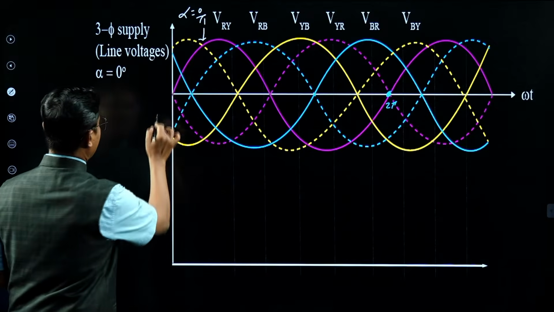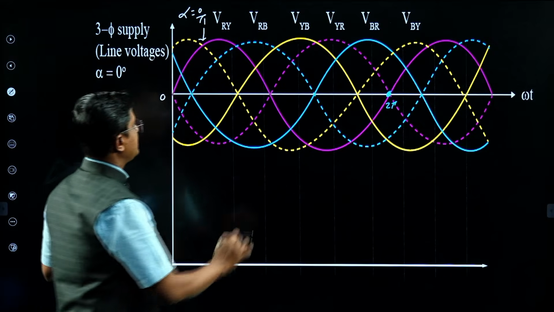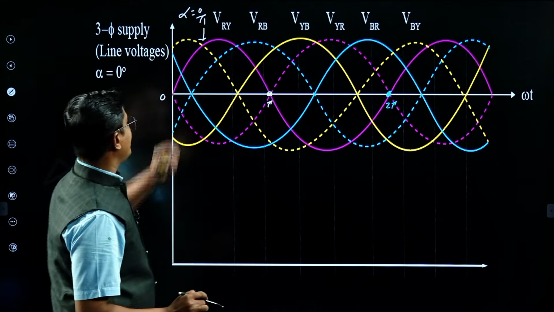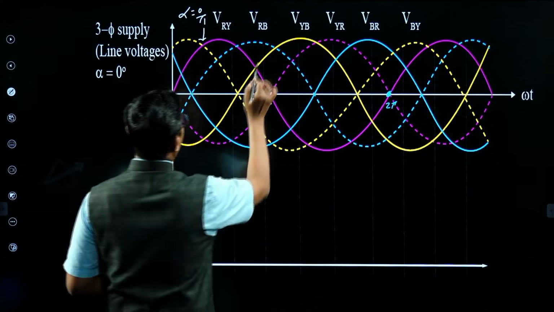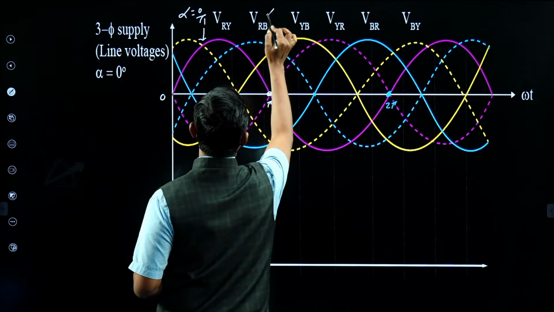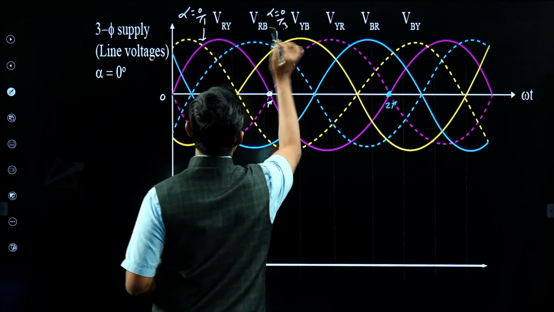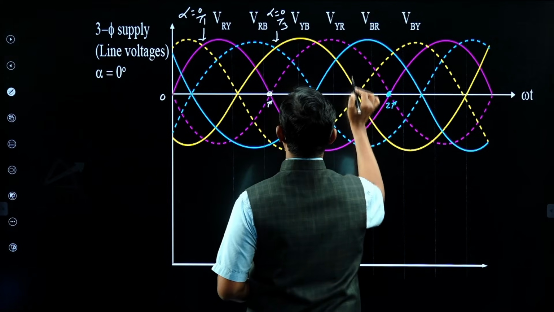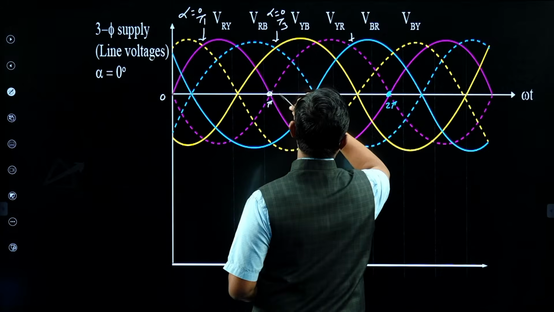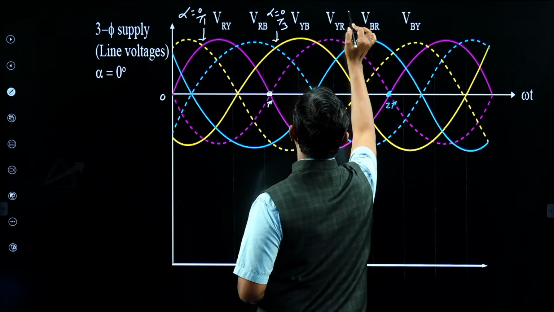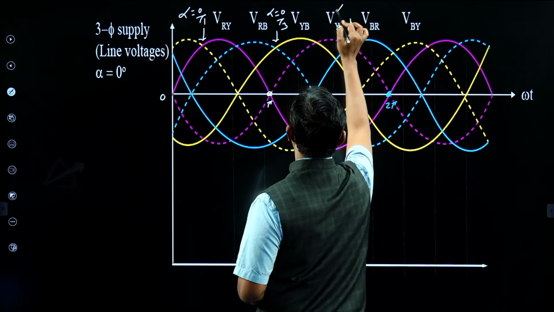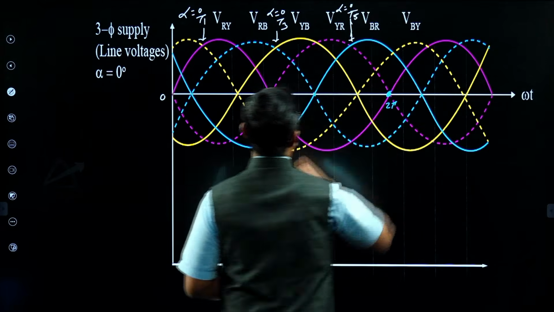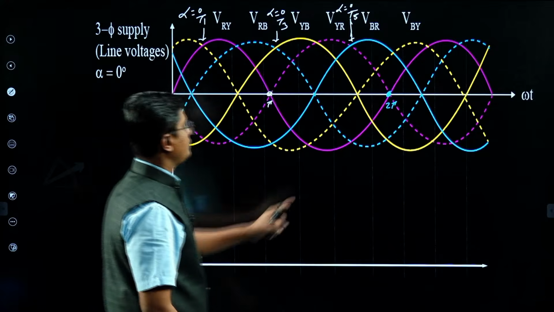This is omega t equal to 0, this point is omega t equal to pi. Alpha 0 for T1, this point is alpha 0 for T3, and this point is alpha 0 for T5, and here it is your 2 pi radian.